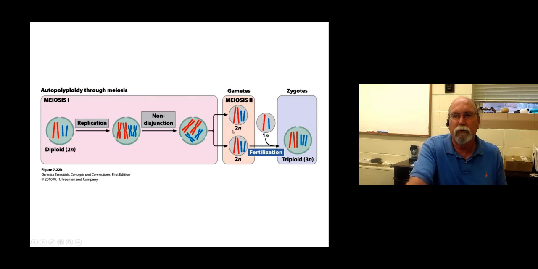You can then get fertilization and end up with triploids or all sorts of forms by having this non-disjunction that occurs here. Okay, and you can have it, of course, in other ways. You can have just dual replication and all those events that might occur. This is how your book explains it, and I think they're pretty good examples, except for the fact that replication seems to be involved in meiosis here.